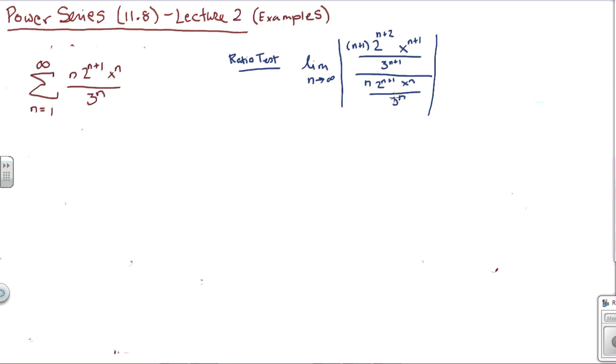And let's make those absolute values a little longer. Okay, so we're looking at this limit. Of course, we can invert the denominator and multiply. Again, the only factors here that might be negative are the x's, and so we can simplify and put the absolute values with the x's.